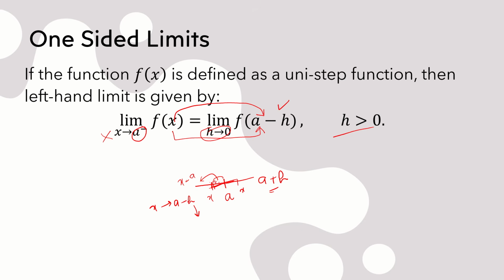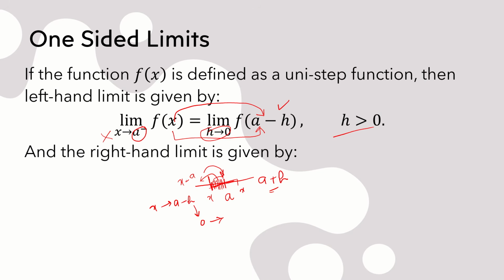You see, h is going towards 0, so as this h becomes smaller, it is moving towards 0. This point will be moving towards this point A. So it's the same thing, just giving you the direction of limit, that whether we are from the left side or from the right side.